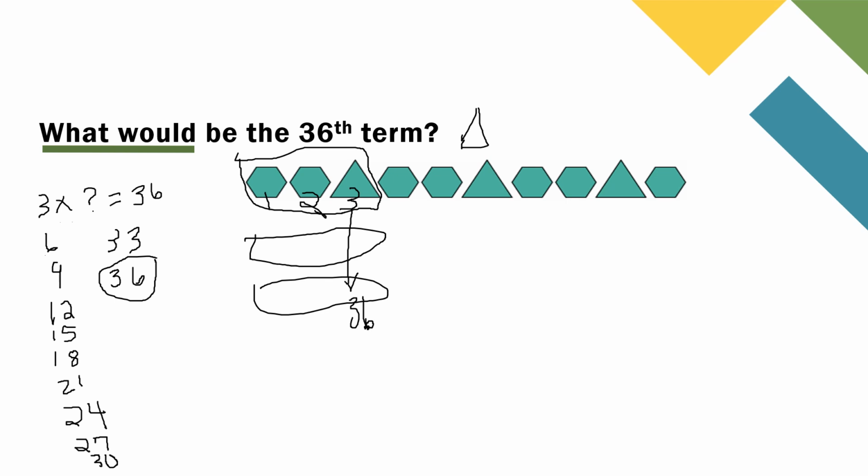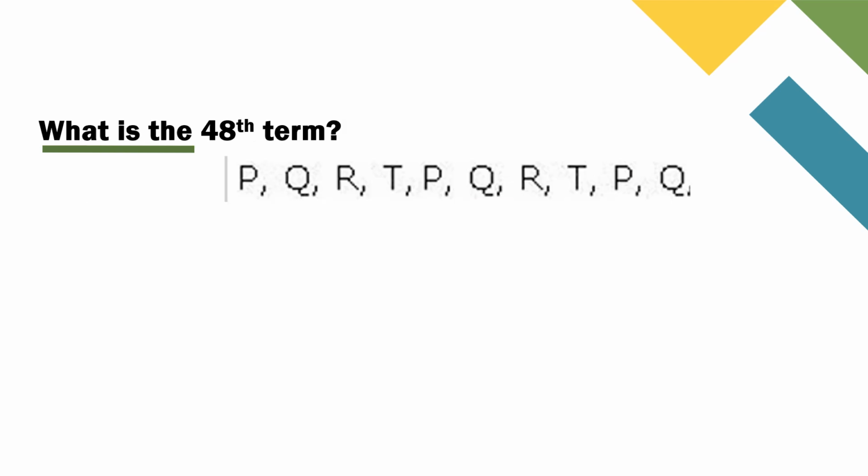Let's look at another one. What is the 48th term? Using the pattern, what is the 48th term? So first, let's look at the pattern. I have P, Q, R, T, P, Q, R, T, P, Q. We want to find the foundation. Where is the pattern starting to repeat?